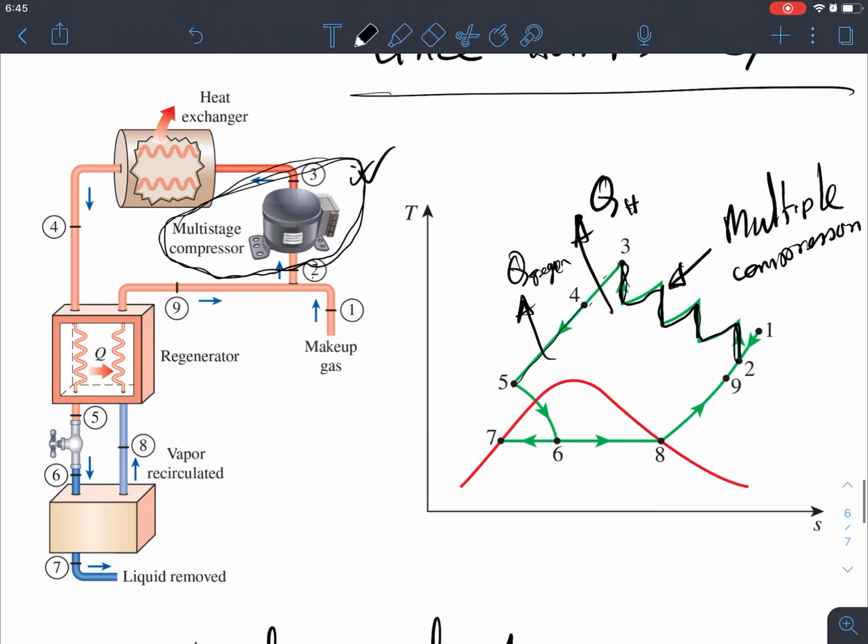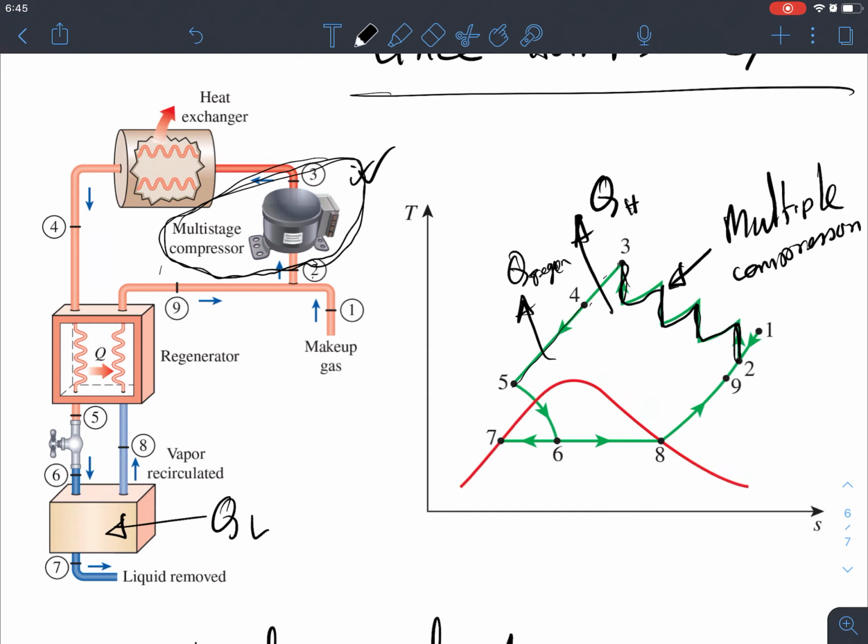Now for such a high temperature and high pressure refrigerant, once we expand it through this expansion valve, it will create the cooling effect, right? It will absorb the heat QL, and then that liquid is removed from this cycle, and the vapor will be recirculated and used throughout this cycle, right?